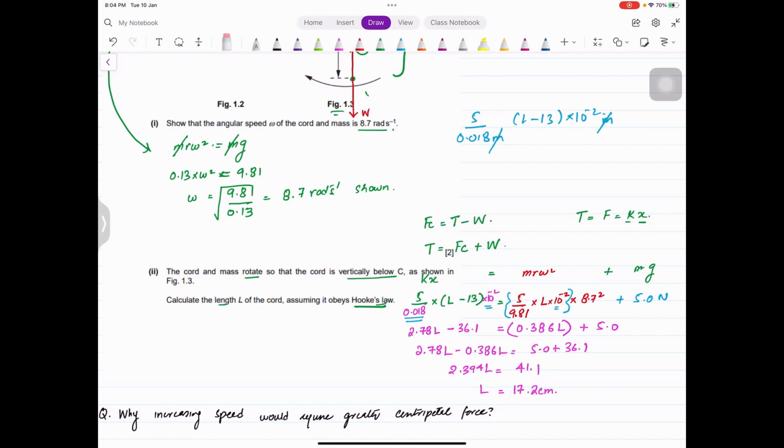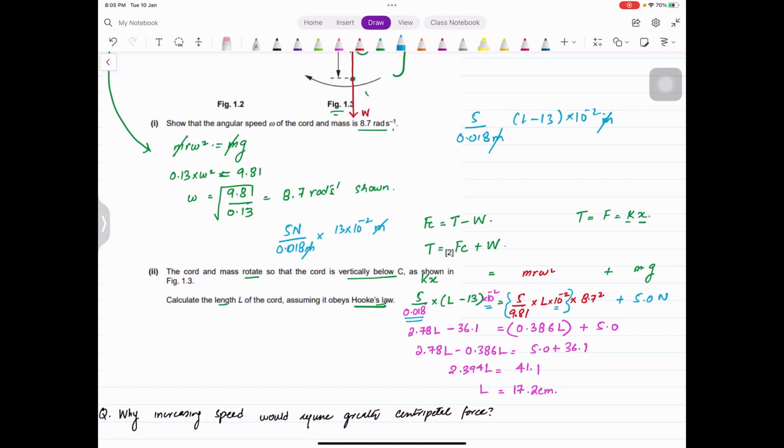Because 5 newtons over 0.018 meter multiplied by 13 times 10 raised to minus 2 meters, they cancel out. That's fine. Oh, okay. Gotcha. Do you understand? Yeah, I get the canceling out part, but I don't get why L is in centimeter. That's the thing. I have no clue why.